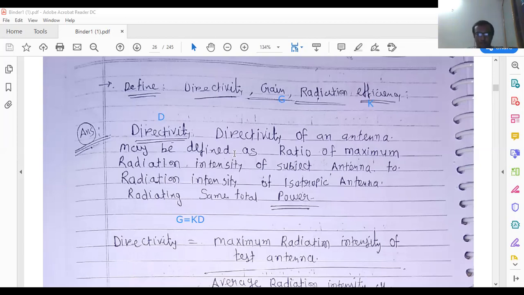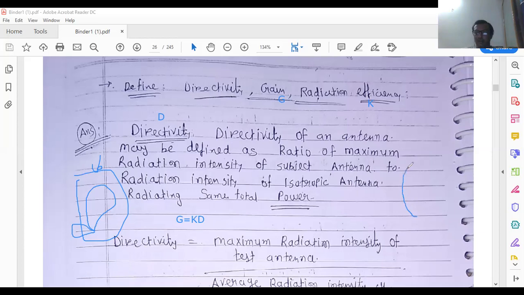Now, directivity means what? It is the maximum direction in which the antenna can radiate power. If the antenna radiation pattern is like this, this is the maximum direction. So maximum radiation intensity. What is radiation intensity? Power radiated from the antenna per unit solid angle.